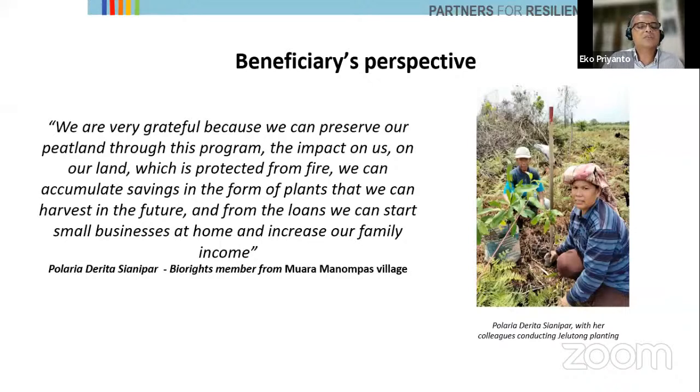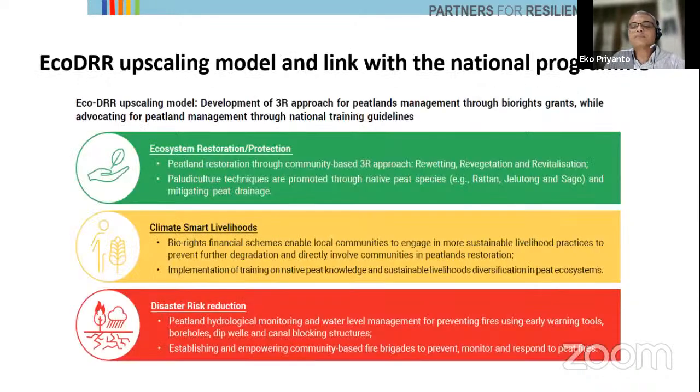And it should be highlighted here that in overall activities, women are playing a key role, including in the improvement of our livelihood, but also in decision-making processes, such as group meetings or even leading the planning and reporting sessions.